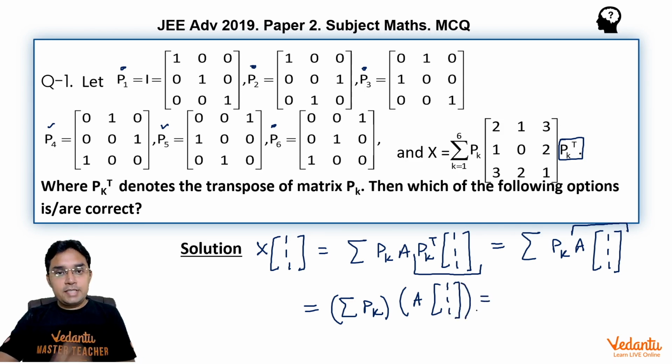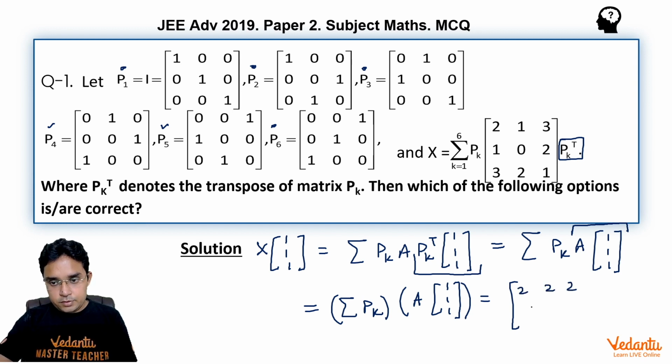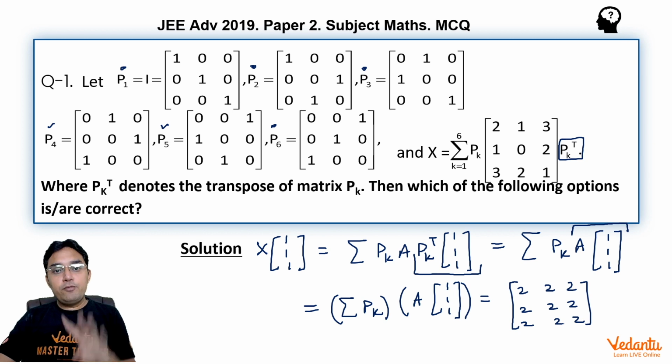So the sigma Pk will be 2 at all 9 positions, because we can check that at every position of P1 to P6 we have 2 times 1 and 4 times 0, so their sum will be 2 at all 9 positions.